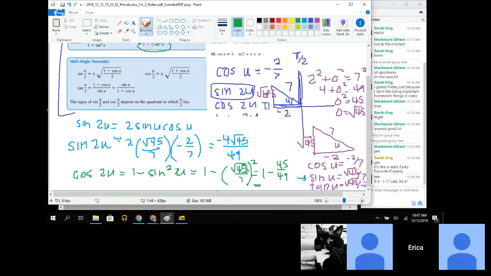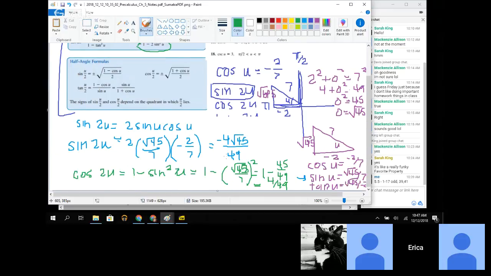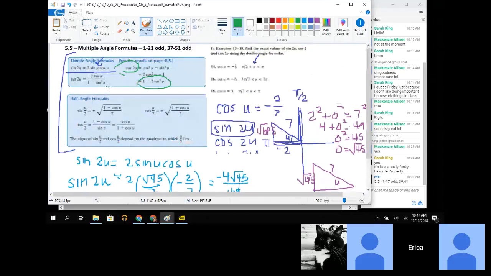And then you can actually simplify that and you would get 4/49 is the cosine of 2u. Okay. And then the tangent is just, again, another formula that you plug in.